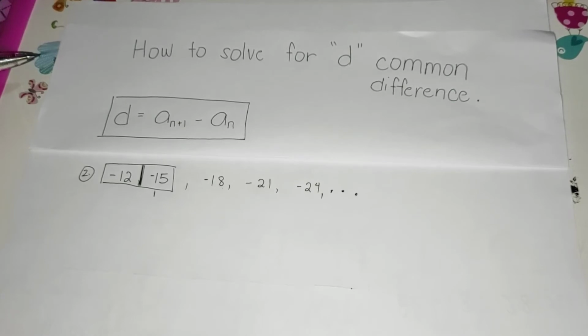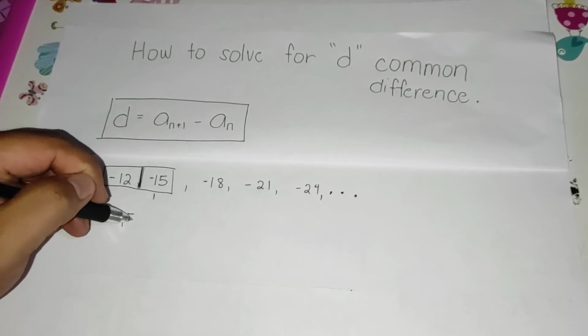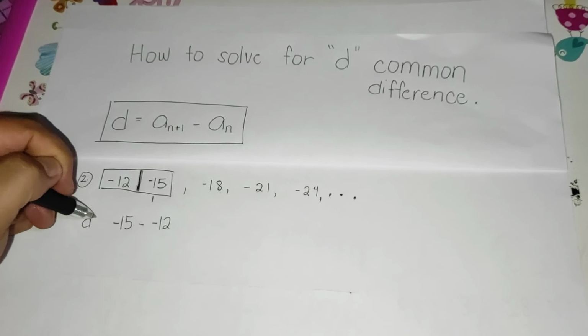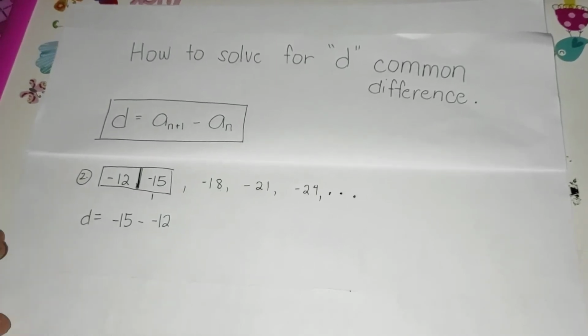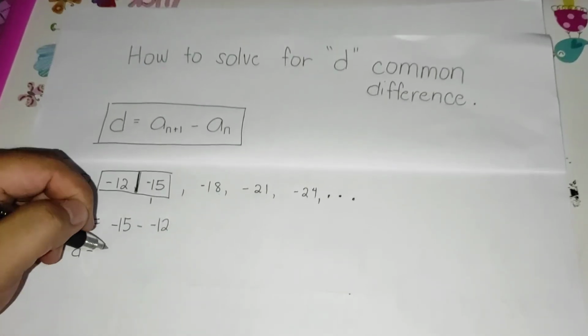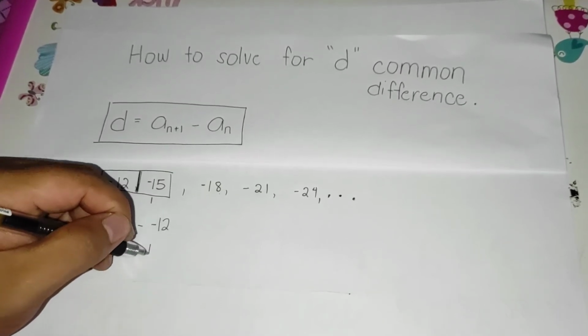Okay? So we have negative 15 minus negative 12. The answer should be the value of our D. Negative 15 minus negative 12, since double negative here, this will become negative 15 plus 12.